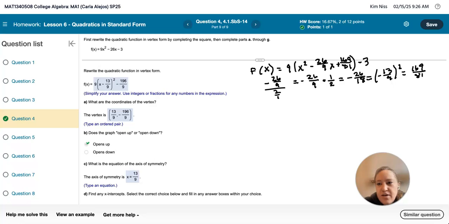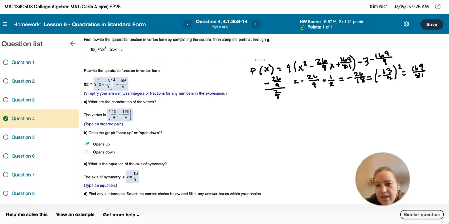Oh, hold on, I don't want that. We end up with 169 over 9. And you want to make sure you're subtracting it on the outside, not adding it on the outside. So 169 over 9. So now this is our completed square term. We now need to combine like terms on the outside.